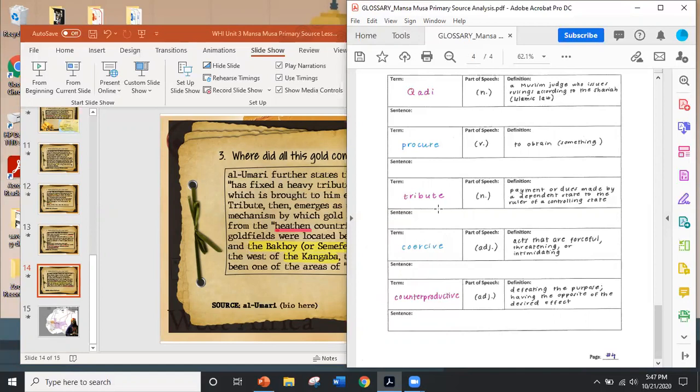So a state is anything that rules itself, and tribute therefore means that you have two states. One is much more powerful than the other. The less powerful state is going to make a payment or pay dues of some kind, whether in money or resources, to the powerful state for either protection or to keep them from invading.